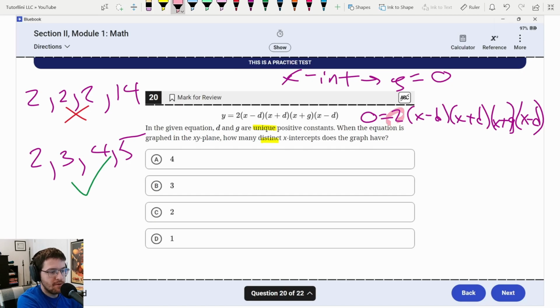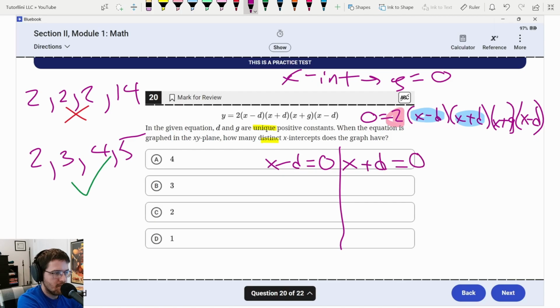So we have 2, but 2 can never be equal to 0, so we don't need to worry about him. But we should be concerned with these other ones. So I've got x minus d equals 0. And then we've got x plus d equals 0. And then we've got x plus g equals 0. And then we've got, again, x minus d equals 0.